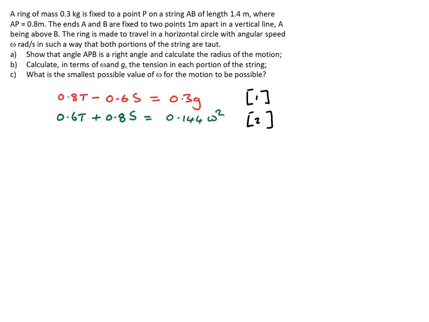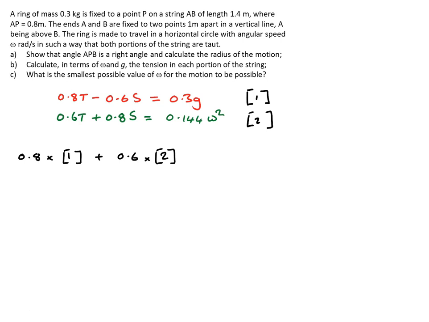So if we take those two simultaneous equations, if we multiply the first one by 0.8 and multiply the second one by 0.6, and add the two results, then the T terms will combine just to give me 1T, because that's 0.64T plus 0.36T.